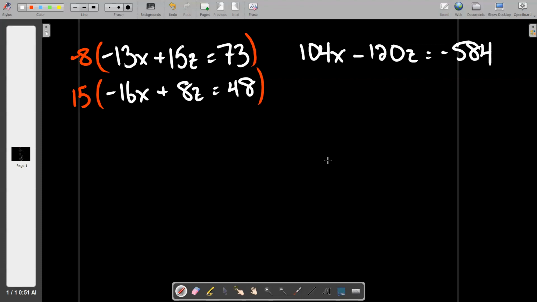And on the bottom, negative 240x plus 120z equals 720. You should check all my math here because I hate calculators.